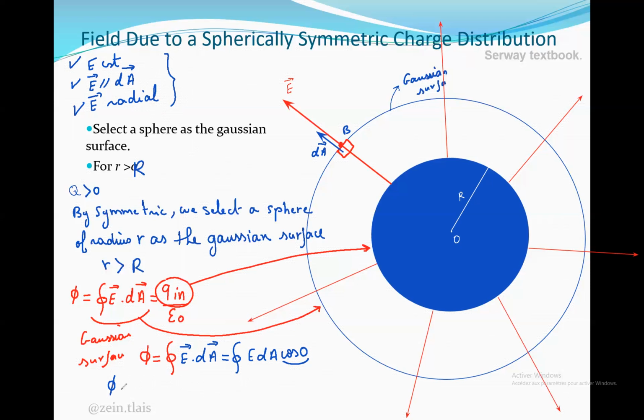We can say phi equals E integral dA equals EA.